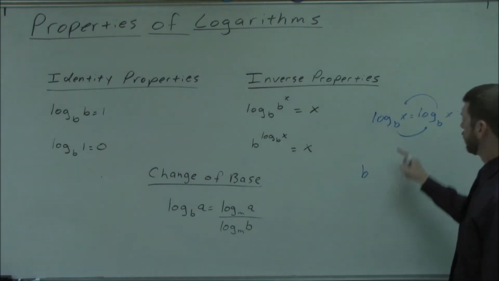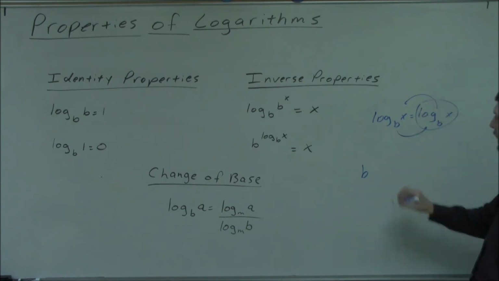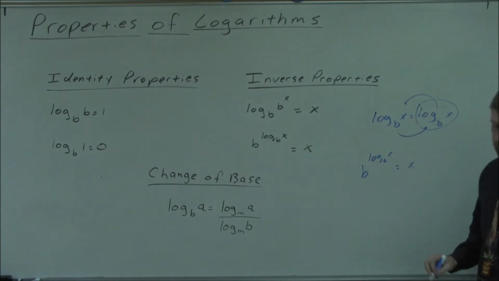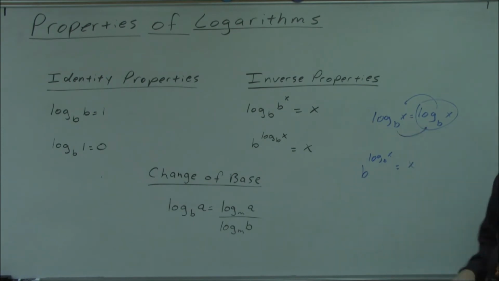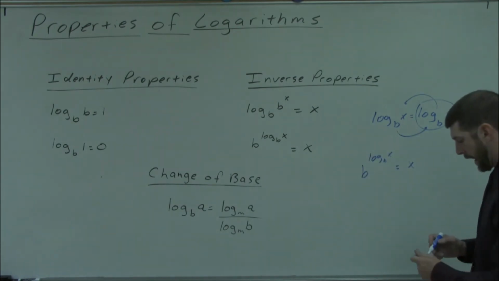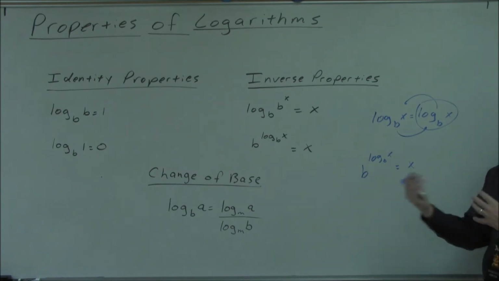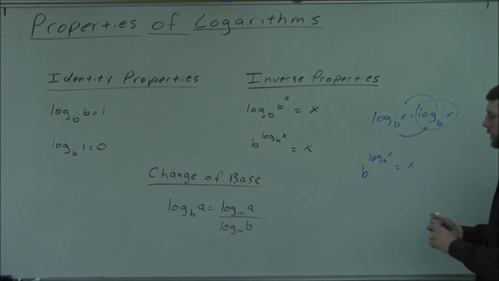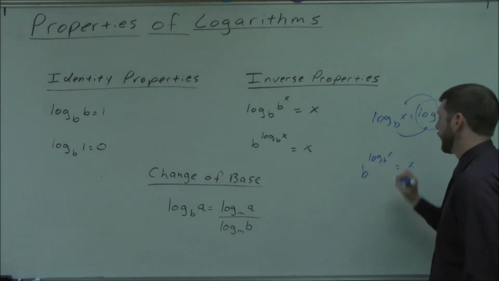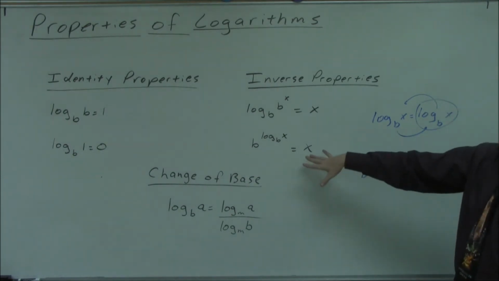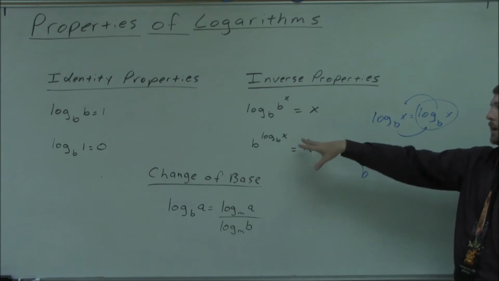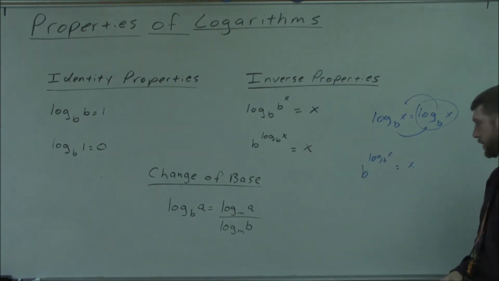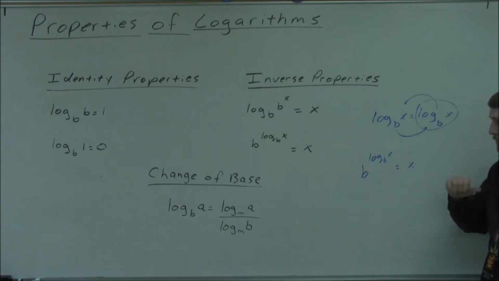So b raised to this whole side, log base b of x, has to equal our log value, which is x. So that's where it comes from. Just working with your definitions of exponents and logs and being able to move from one form to the other. Again, seemingly trivial at the moment, but a very important concept that we need to have down to be able to solve logarithmic equations, which we have coming up very shortly.